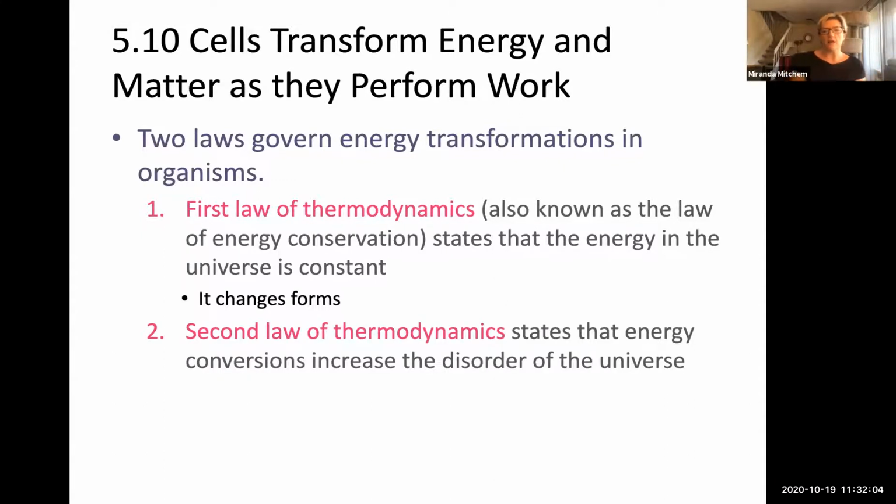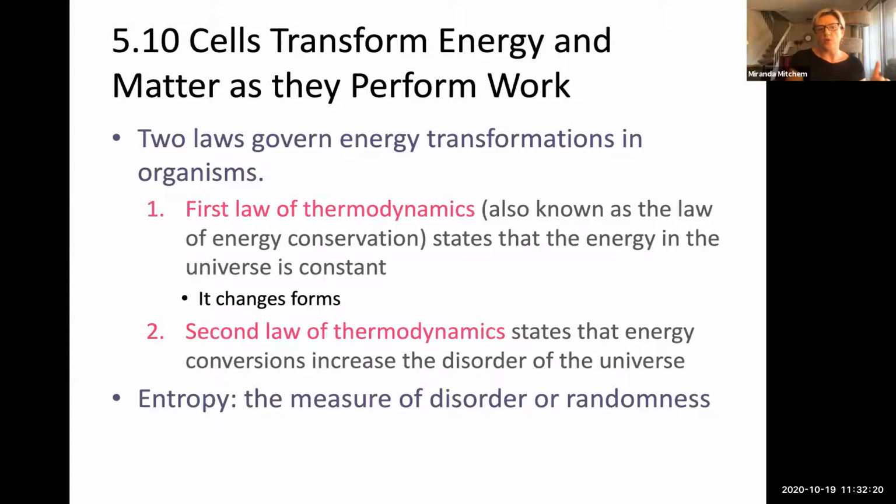Our second law of thermodynamics states that energy conversions or changes are going to increase disorder in the universe, so in the environment. And that is also known as entropy, which is a measure of randomness or disorder.